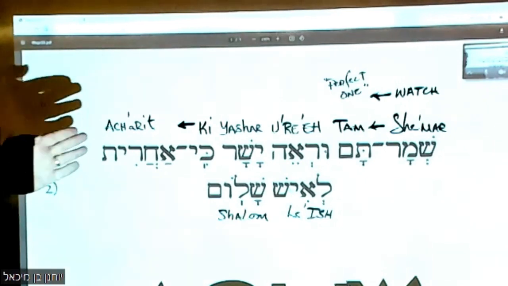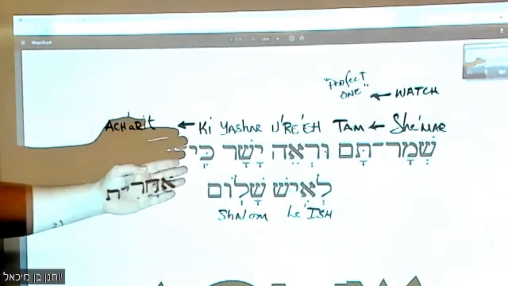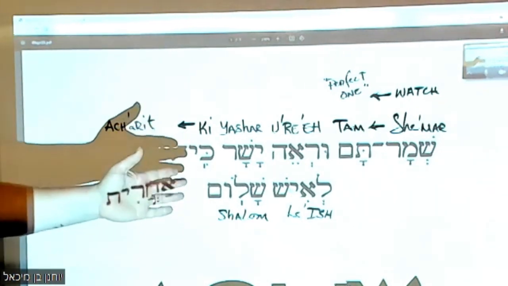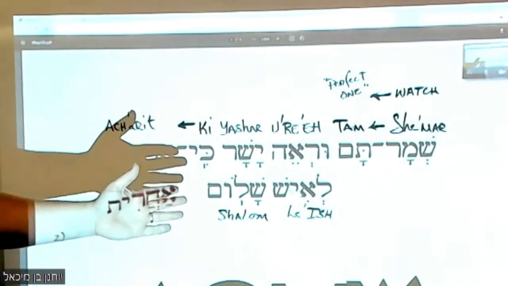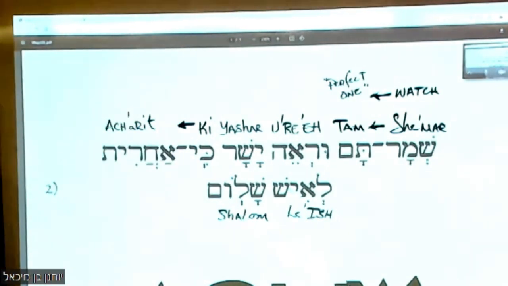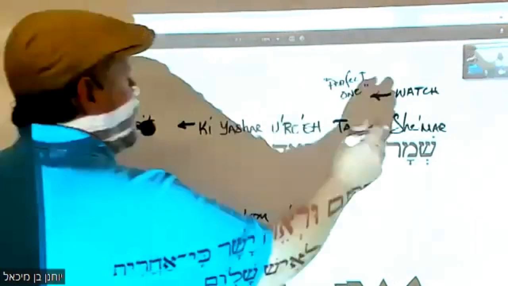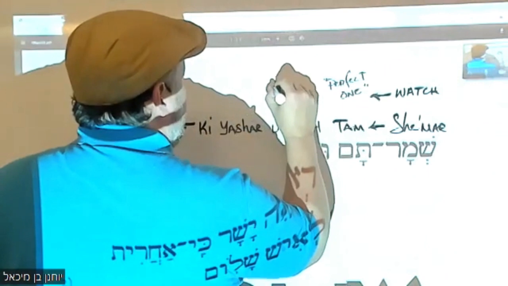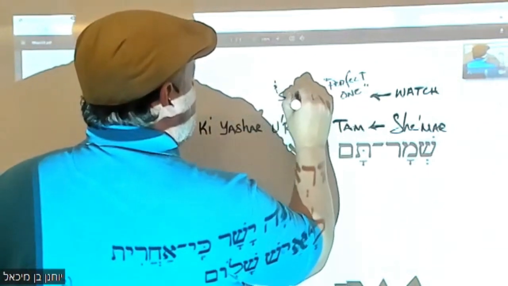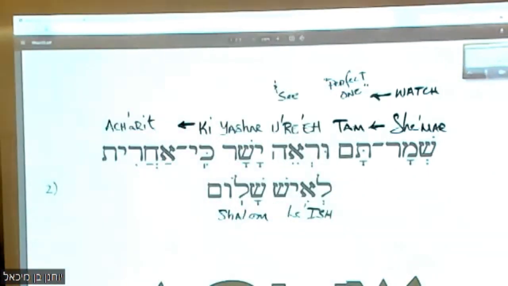The wa is a prefix meaning and. So what does that leave us with? Re'eh, which means what? To see. Very good. There is a parsha called re'eh, which means see. Look, see. Okay? So watch this perfect one and see what?